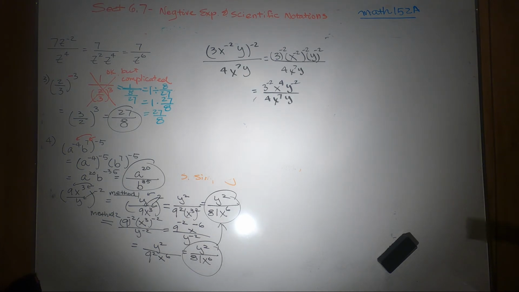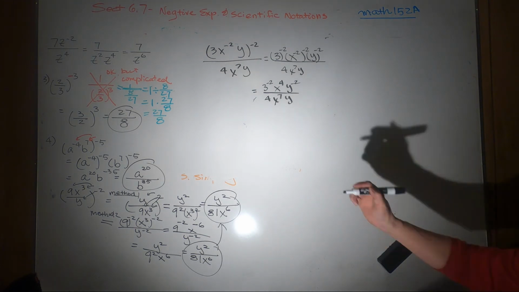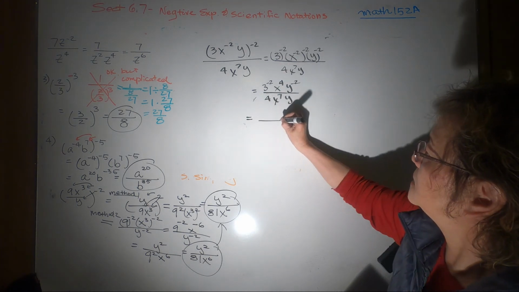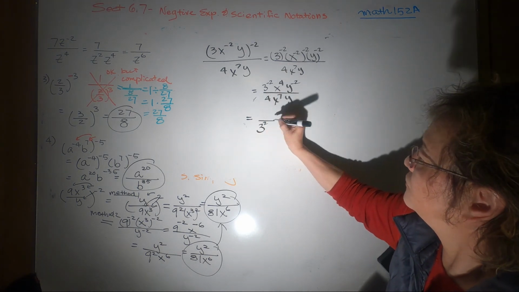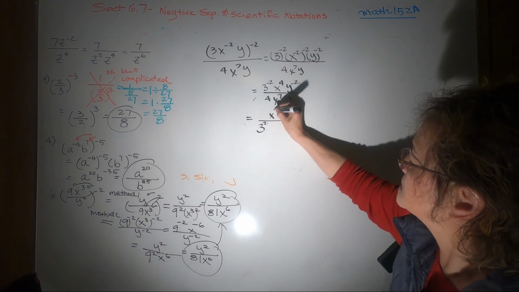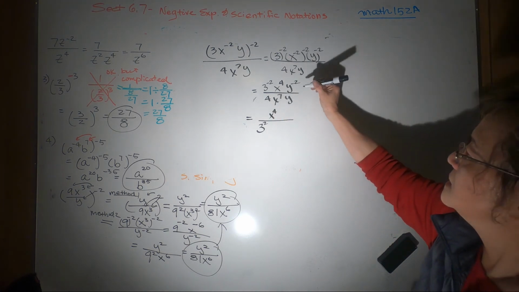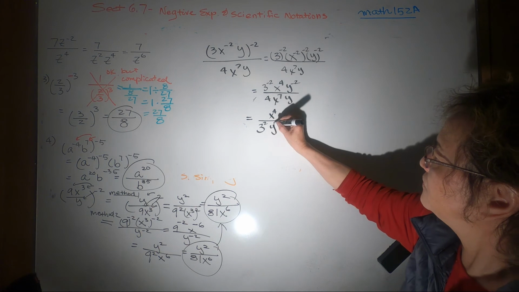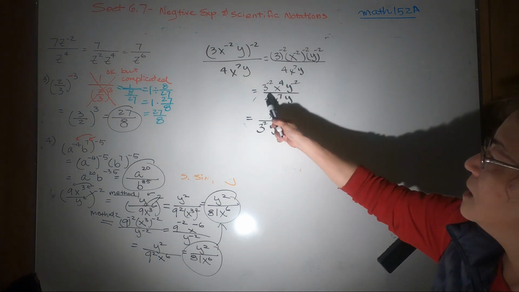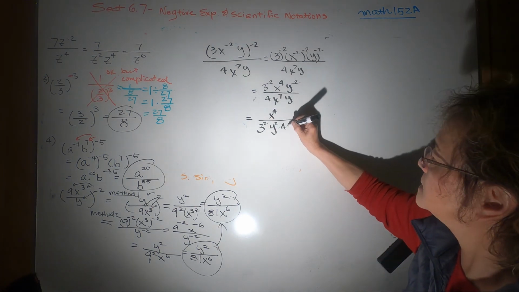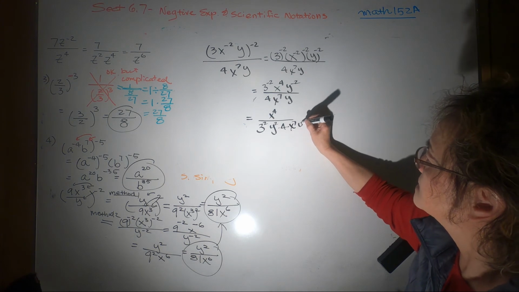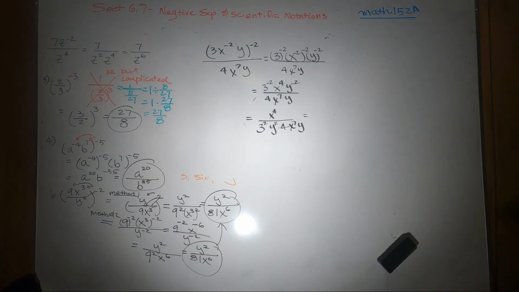Now we don't write it with negative exponents, right? So we flip the ones you need to flip. 3^-2 flips, x^4 stays, y^-2 flips. How about the others? 4 stays, x^7 stays, y stays. Is that right?